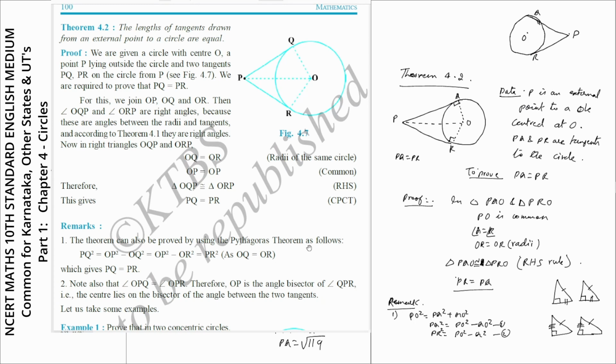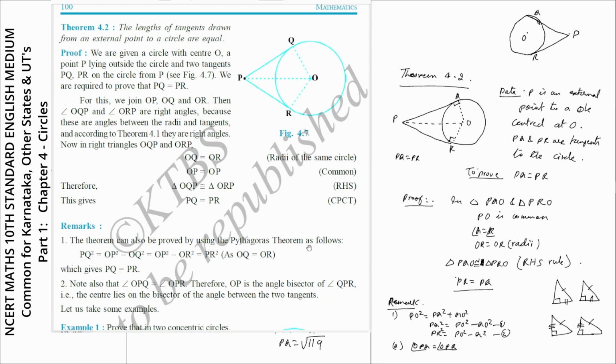And there is another remark. Angle OPQ is equal to angle OPR. Why are they equal? Because triangle PQO and triangle PRO are congruent. We just now proved that in the theorem itself.